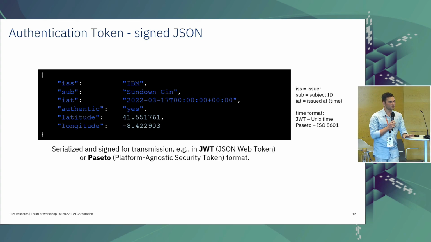So if you don't provide the latitude and longitude, you can still have a signed JSON. This is just an example from my file, but you don't necessarily need it. You really need all the other fields: the issuer, the subject ID, and the time are mandatory. The rest are add-ons that you can give to the JSON.